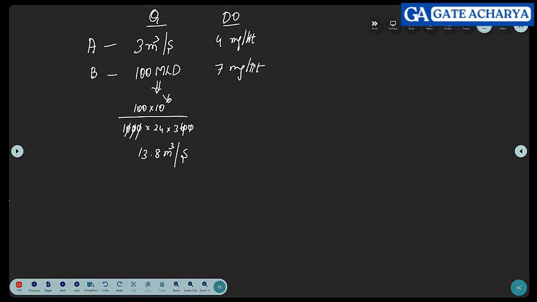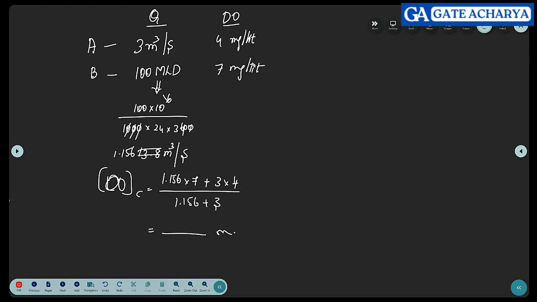Okay, how much do you get? 1.156 or 7. Okay, so DO in the river C is 1.156 into 7 plus 3 into 4 divided by 1.156 plus 3.